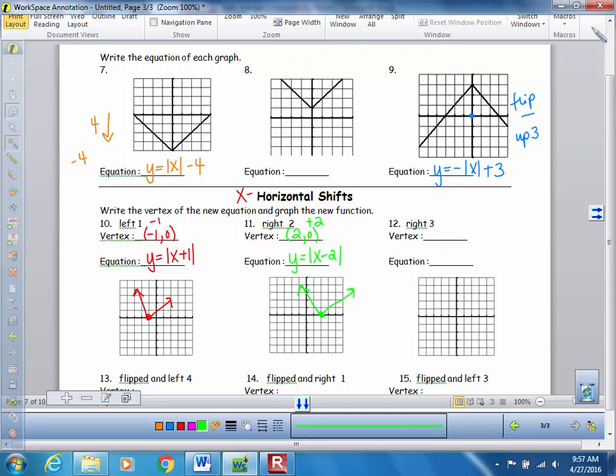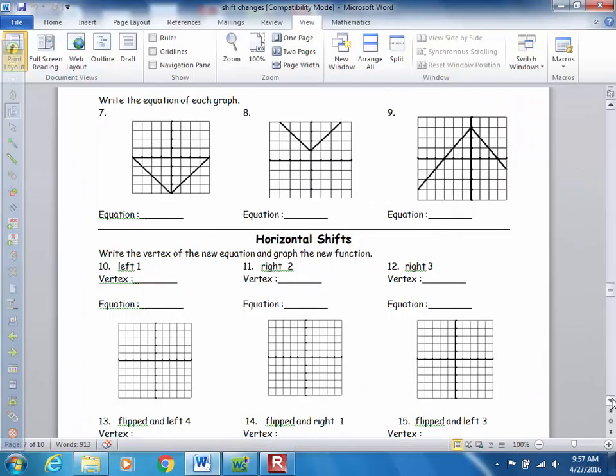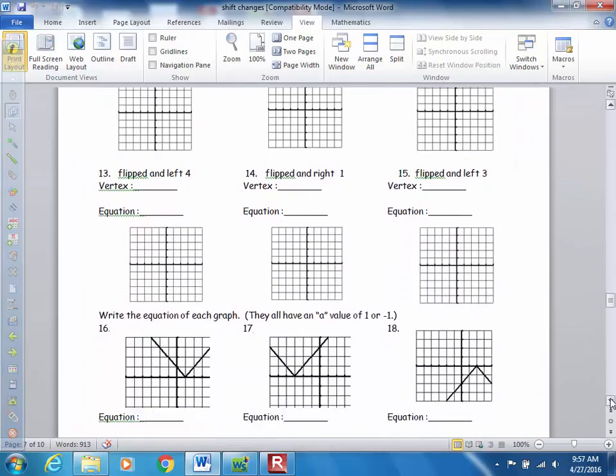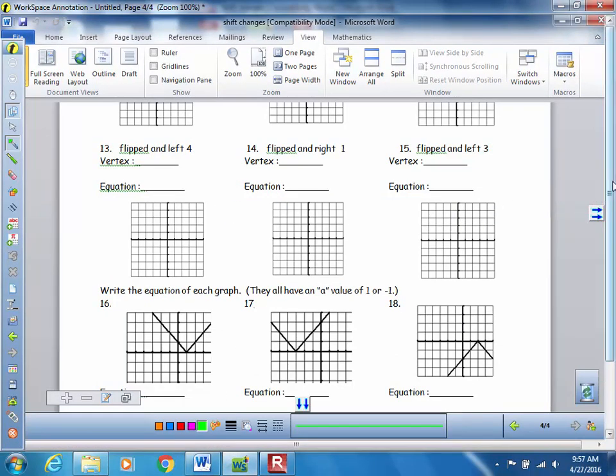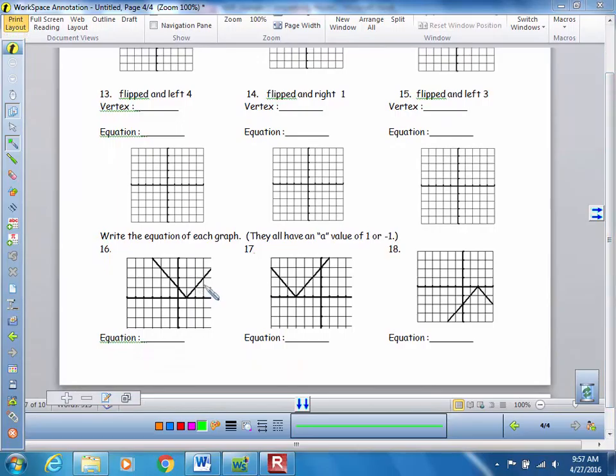Okay. Now, let's look at some that are flipped. So, in 13, this one is flipped and it goes left 4. So flipped means we're going to have a negative at the beginning of the equation. And left 4 is a -4.